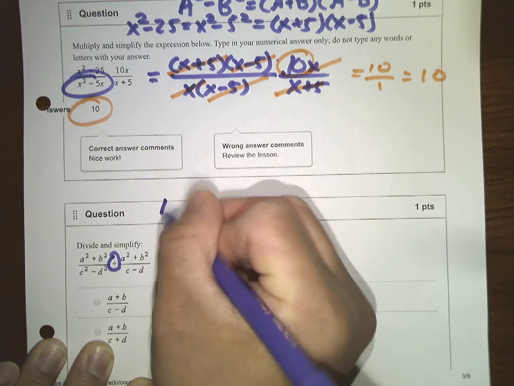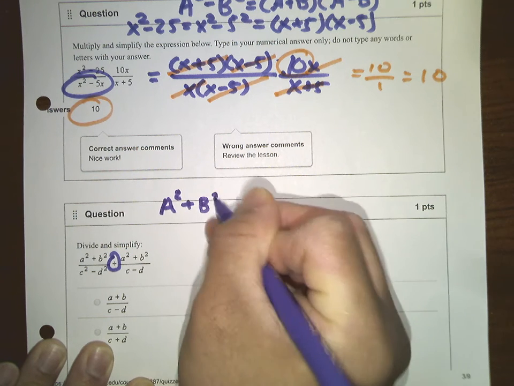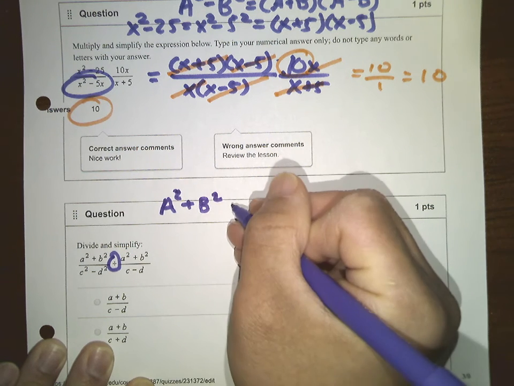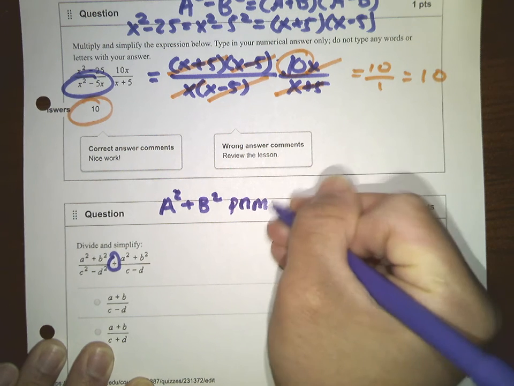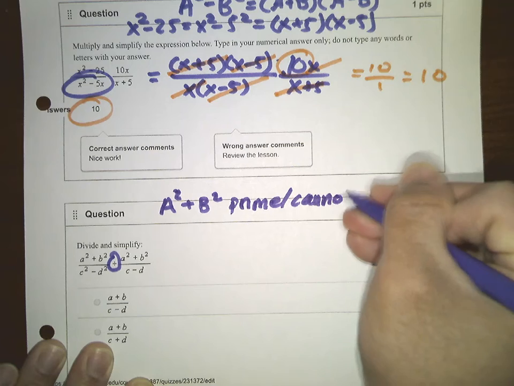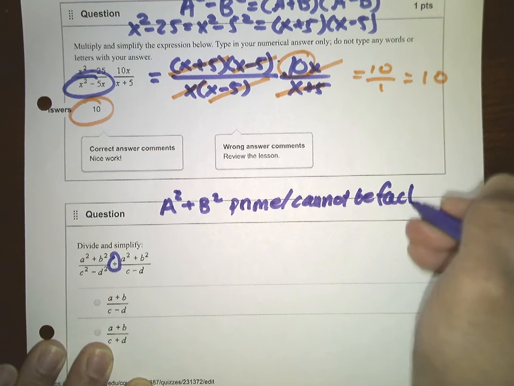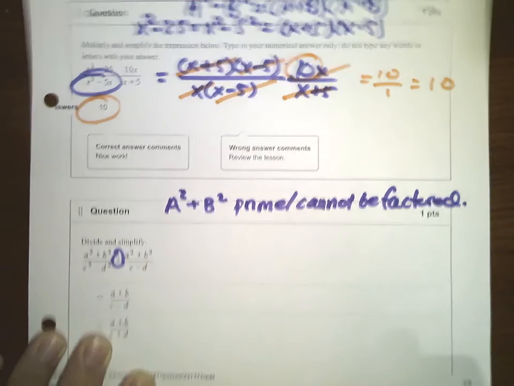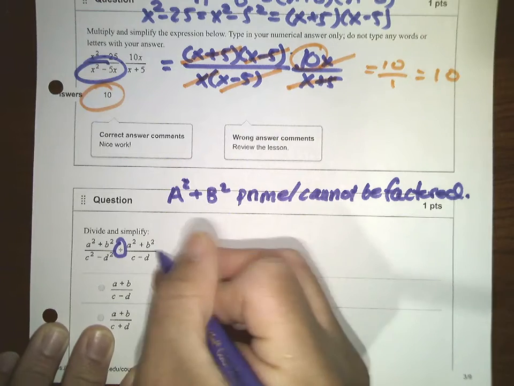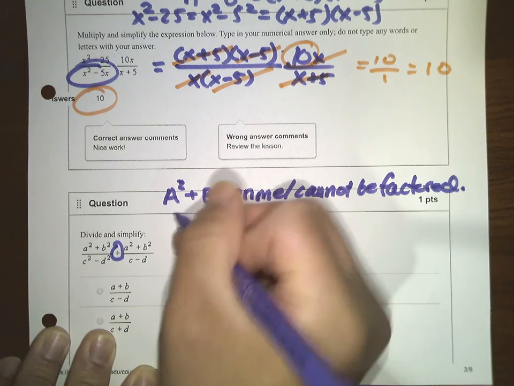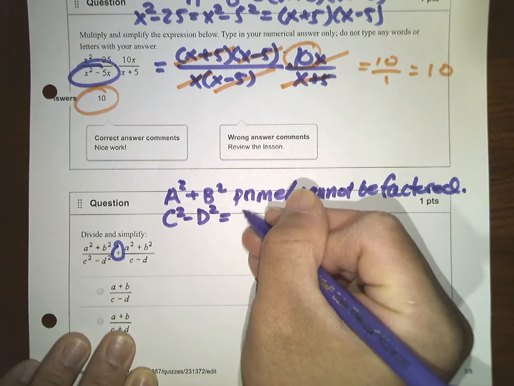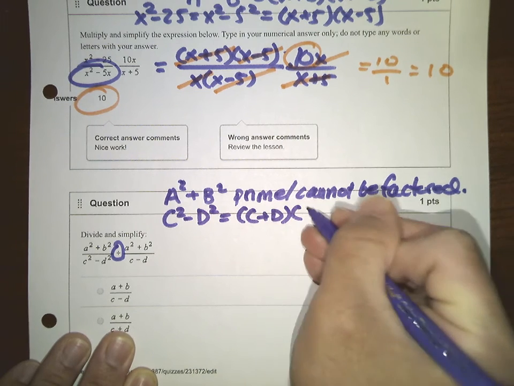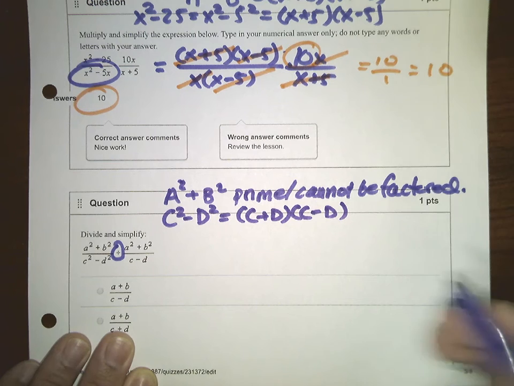So the a squared plus b squared, that is a sum of two perfect squares, so that is prime, or just cannot be factored, at least for our purposes here. So now we know that c squared minus d squared is going to be c plus d, c minus d, the difference of two squares.